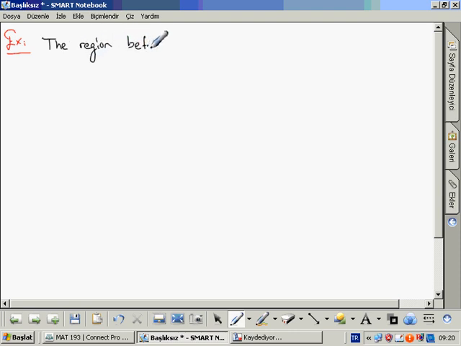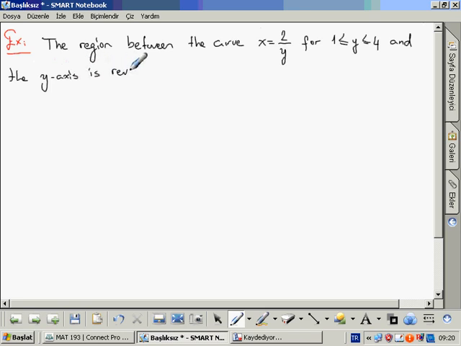The region between the curve x equals 2 over y for and the y-axis is revolved about the y-axis to generate a solid. Find its volume.